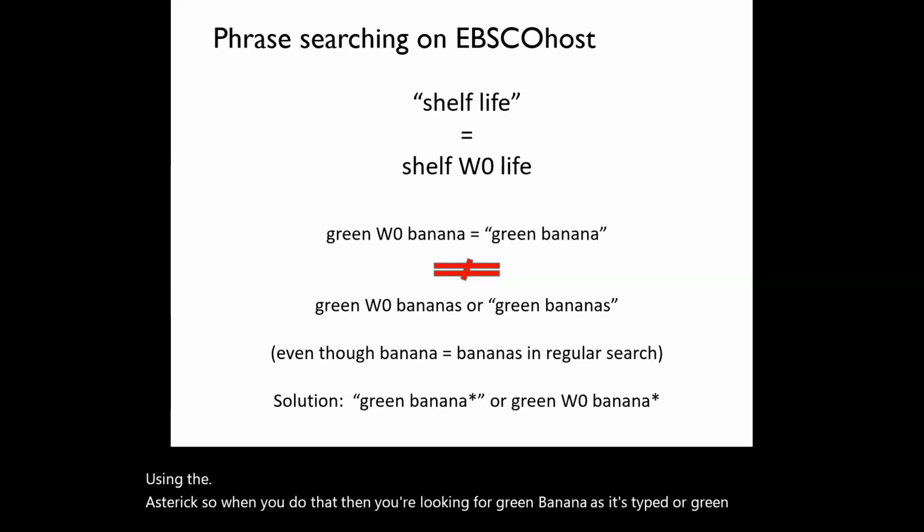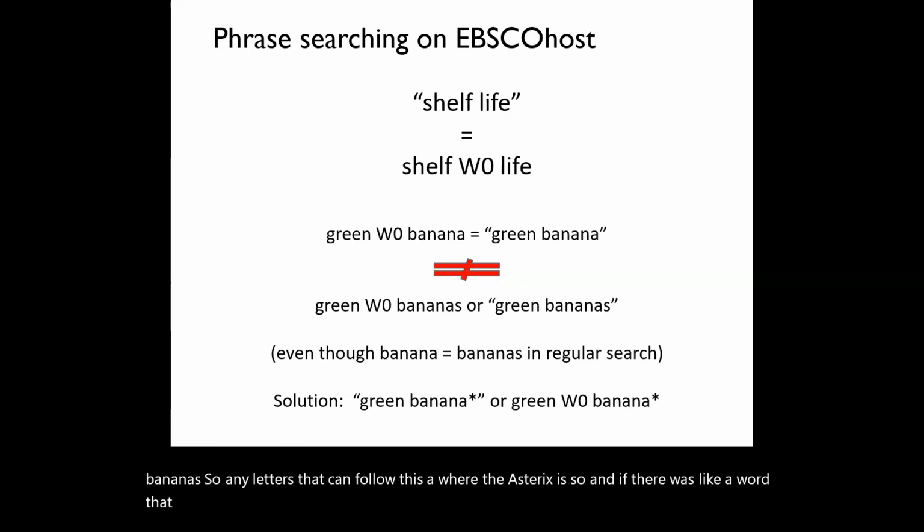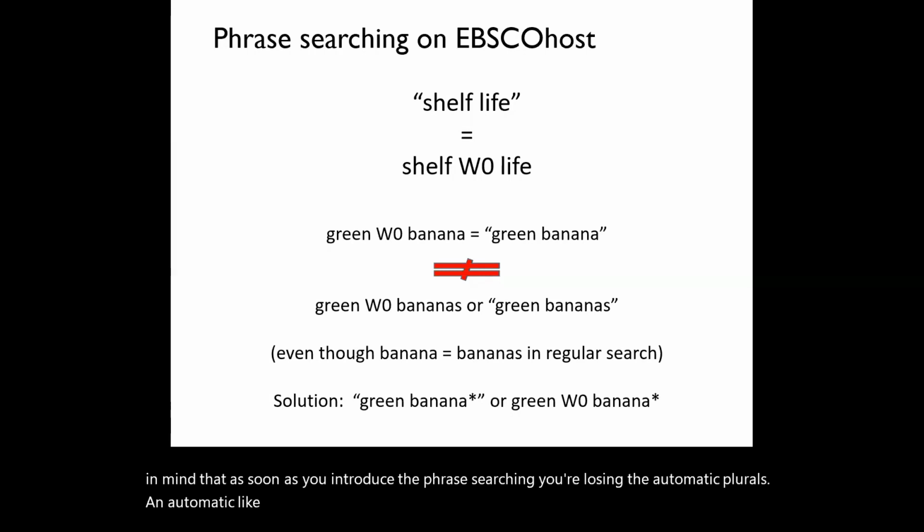So any letters that can follow where the asterisk is. And if there was a word like bananaine, it would be there too, but I don't think there is such a word. So just bear that in mind, that as soon as you introduce the phrase searching, you're losing the automatic plurals and automatic variants like flavor and flavour, things like that, because it's starting to read what you're typing very literally.